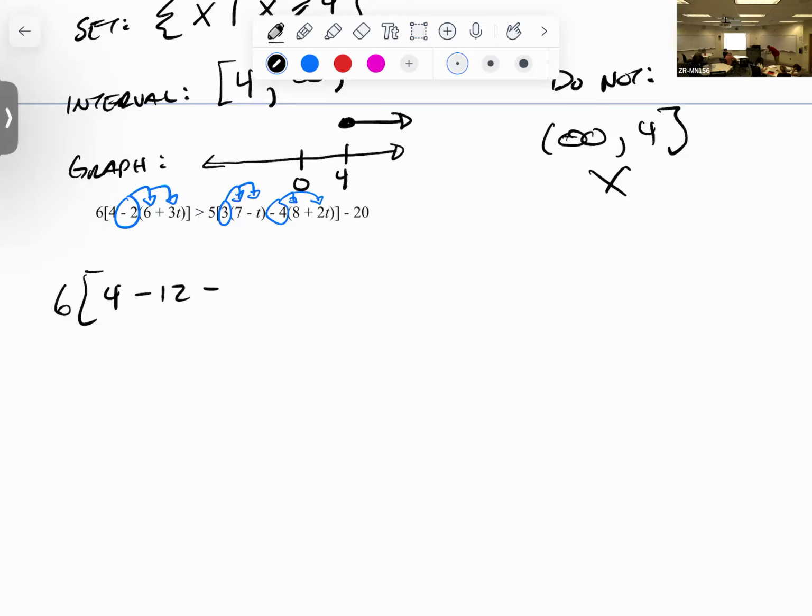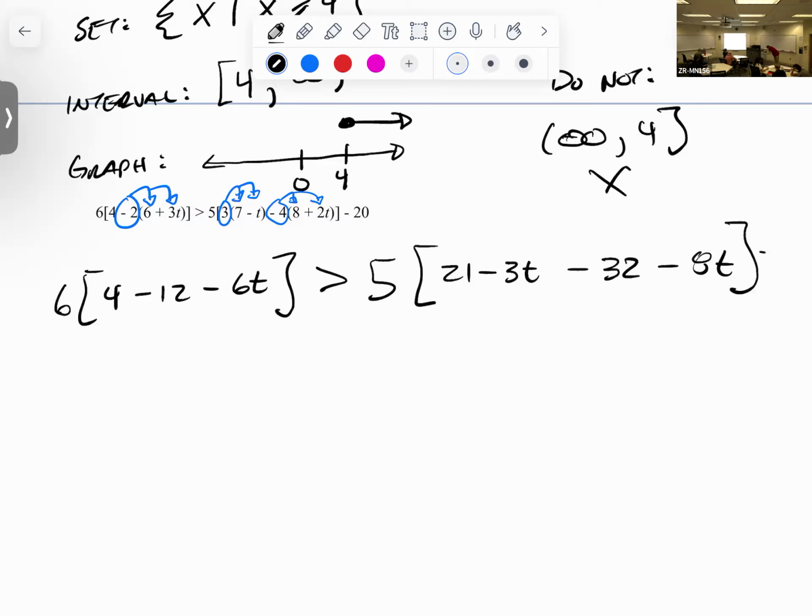All right, so minus 12 minus 6t, important with your signs, greater than 5, big bracket, 21 minus 3t minus 32 minus 8t minus 20. So rainbow all those pieces in. Just doing a little bit of multiplication there.